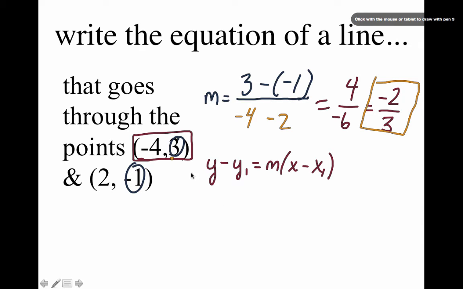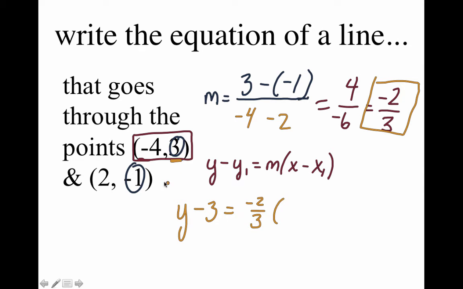Plugging in the variables that I have, y minus the y-coordinate of 3 equals the slope of negative 2/3 times x minus the x-coordinate of negative 4.